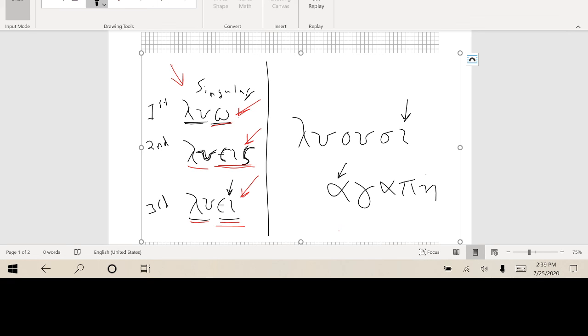So when one vowel meets another vowel, sometimes that nu will slip in to prevent the iota on the end of usi from running into another vowel, which is the alpha.